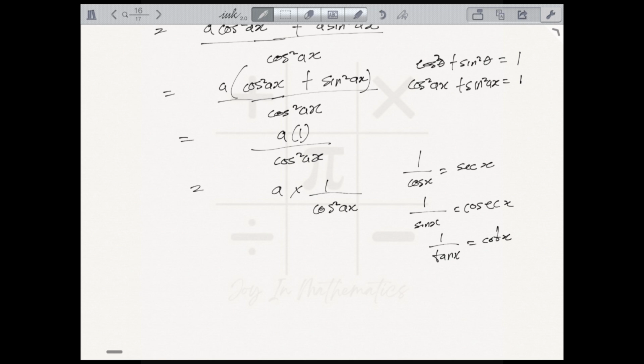Now 1 over cos square x is equal to sec square x. 1 over sine square x is equal to cosec square x. And 1 over tan square x is equal to cot square x. Therefore, 1 over cos square ax will be equal to sec square ax.